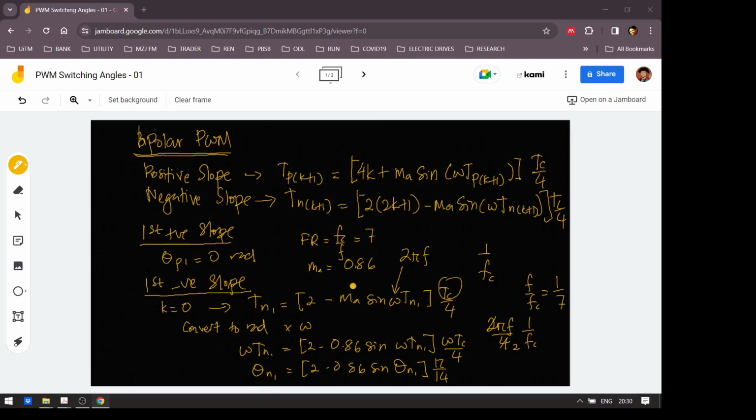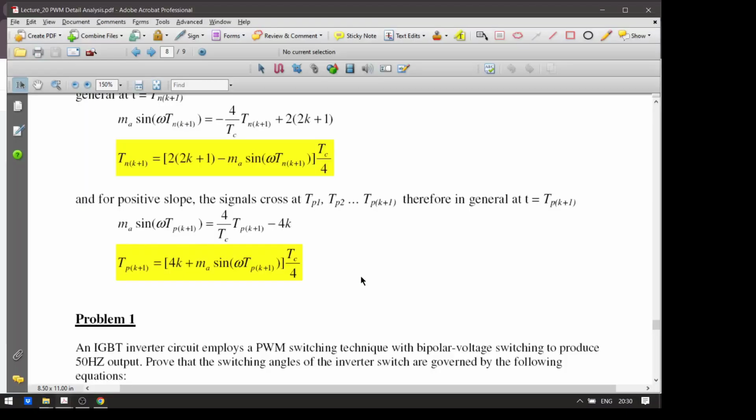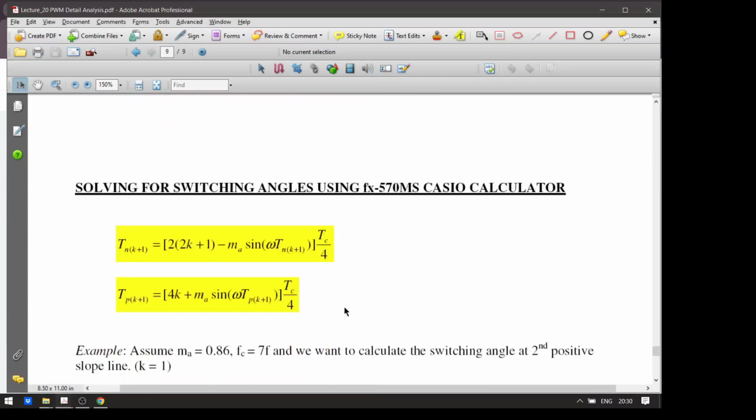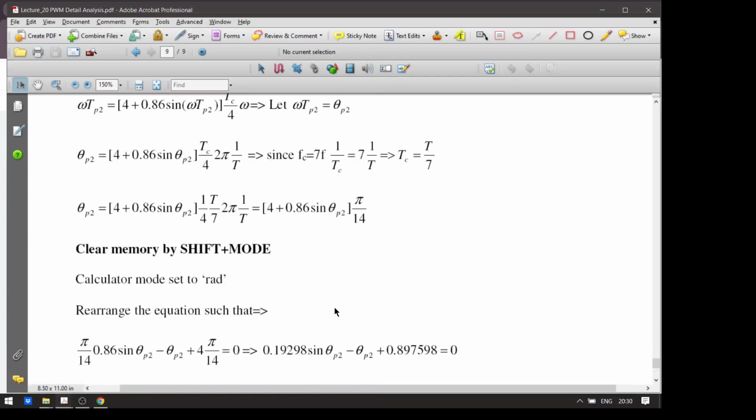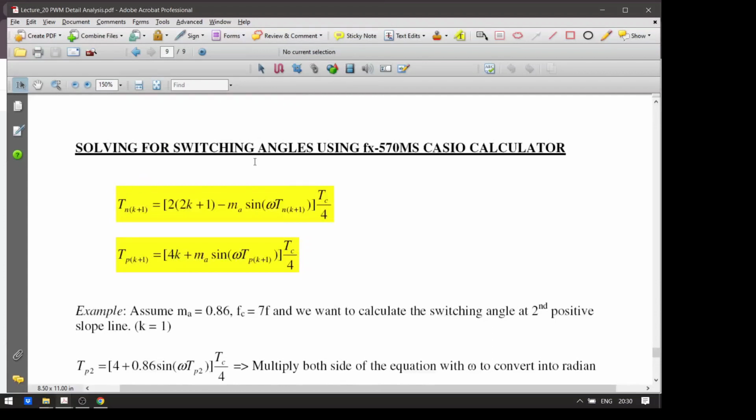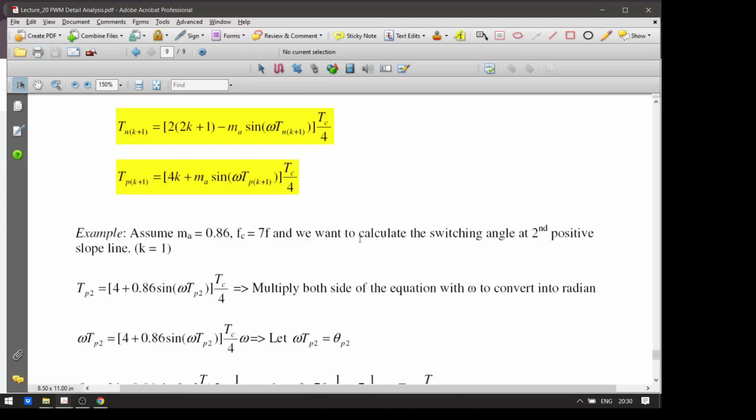Okay, so here in the lecture notes, if you go to the last page here, it shows you how to do that. So we have assumed 0.86. This is exactly from the examples. And we want to calculate the switching angle at the second positive.